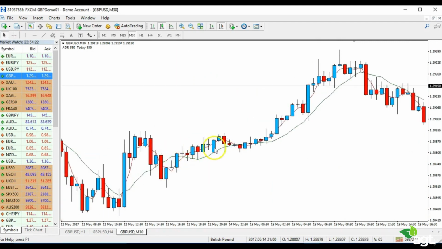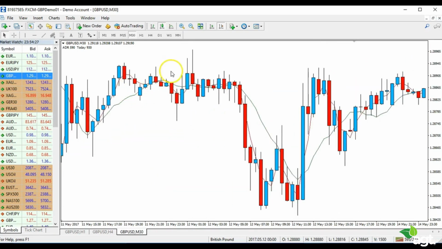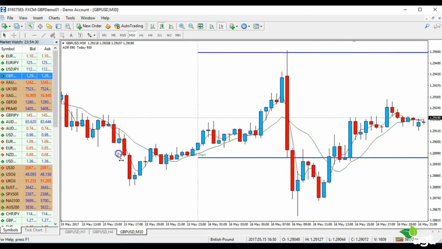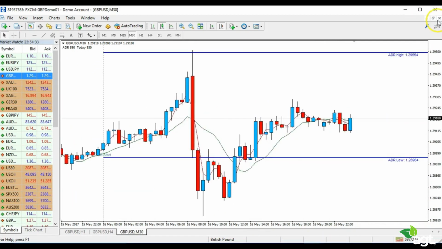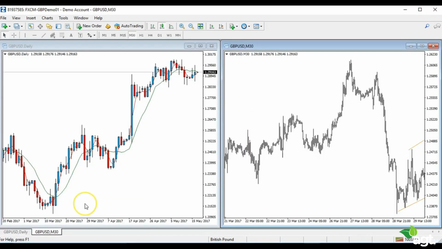Because you can see here, for example, there's lots of crosses. So if you were just trying to trade lots of crosses, you'd be losing lots of money. So I don't use moving averages to trade in that way, but just to simply see how much energy is in the market. That's what I use indicators for.